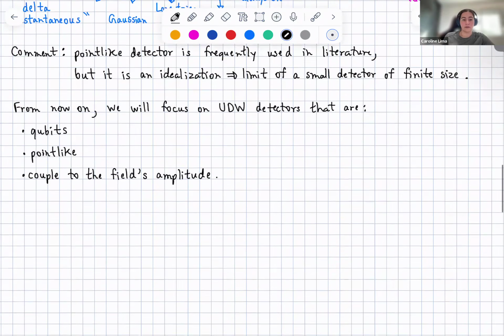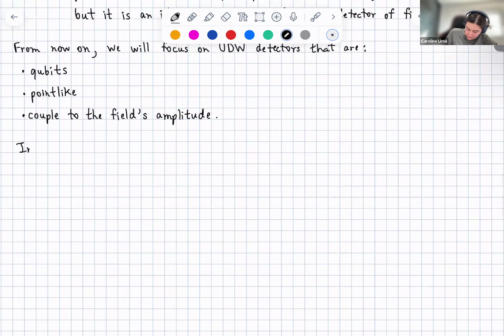Okay. Now I will write, for this particular case, how the interaction Hamiltonian looks.